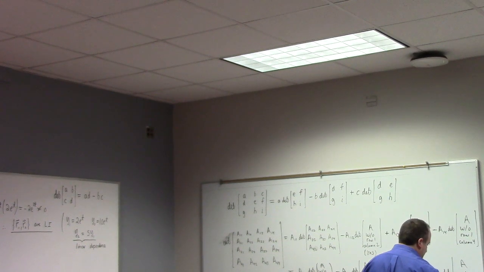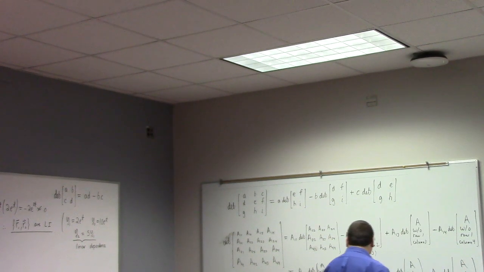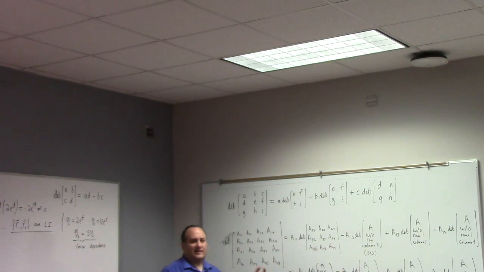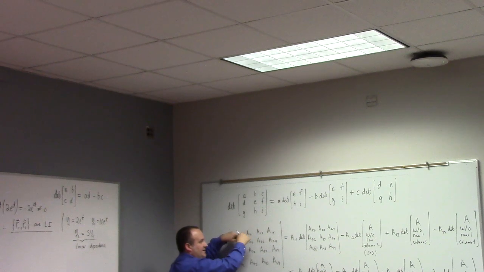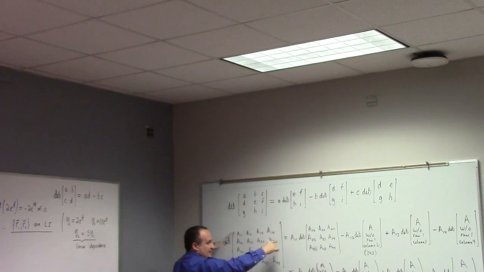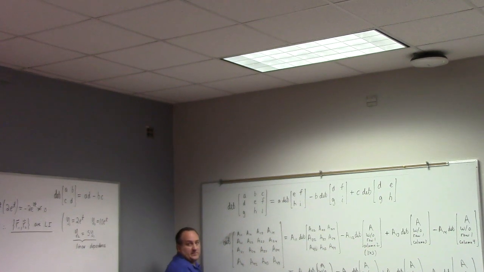You notice the difference in the pattern here. This is the column expansion. I'm expanding the determinant down this column against determinants of the submatrix formed by deleting always the third column in either the first, second, third, or fourth rows.